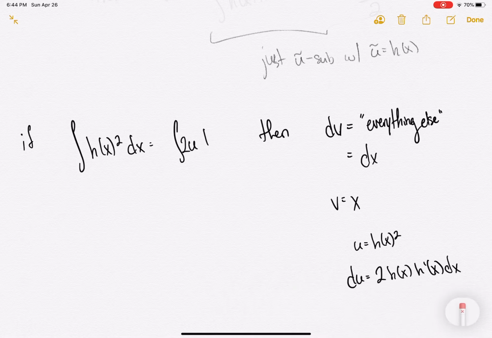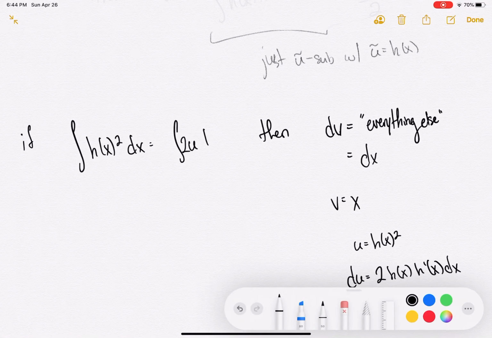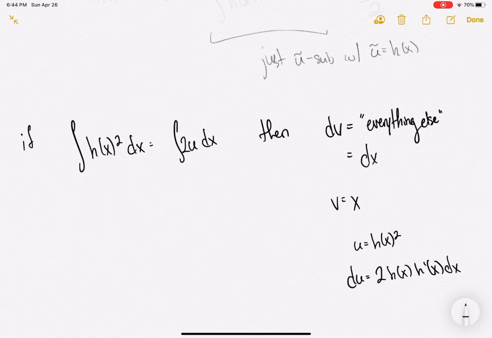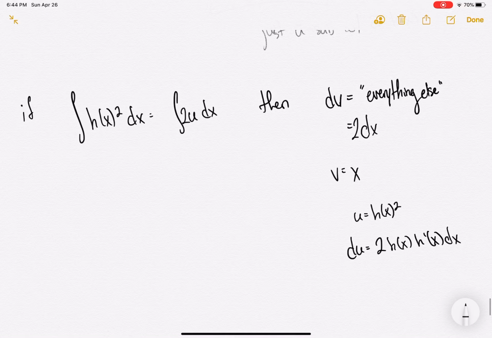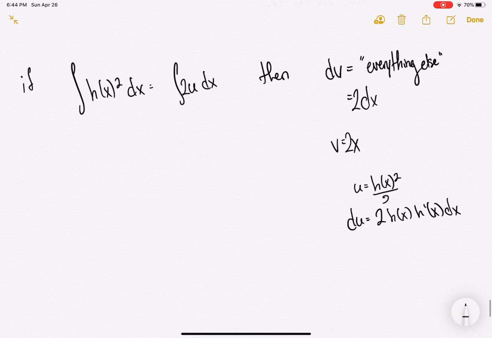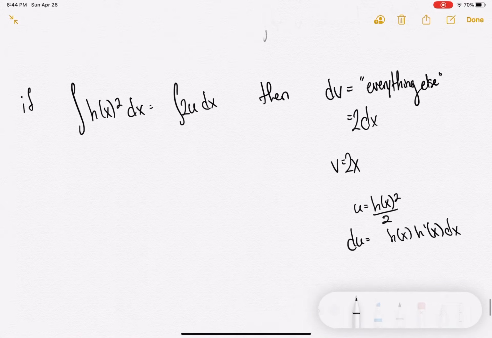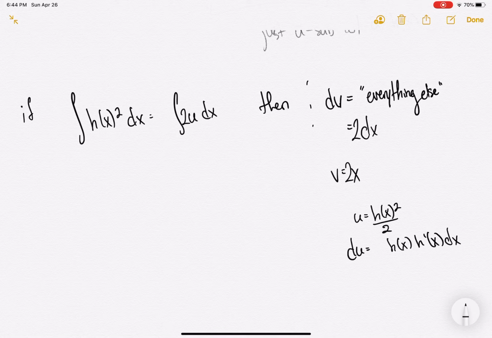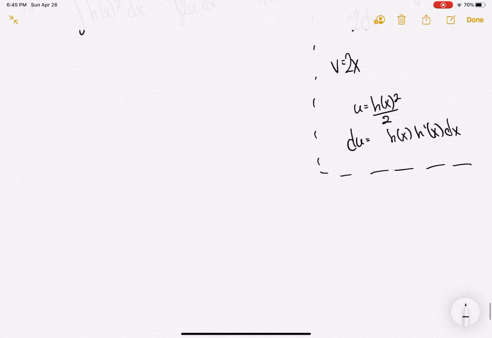Yeah, that's why I'm doing this wrong. 2u dx. So dv equals everything else, equals 2 dx. v equals 2x. u equals h squared over 2. There you go. That's maybe a safer way with the way that I introduced things earlier, and all of a sudden this version works. Why does it work? Let's do it.